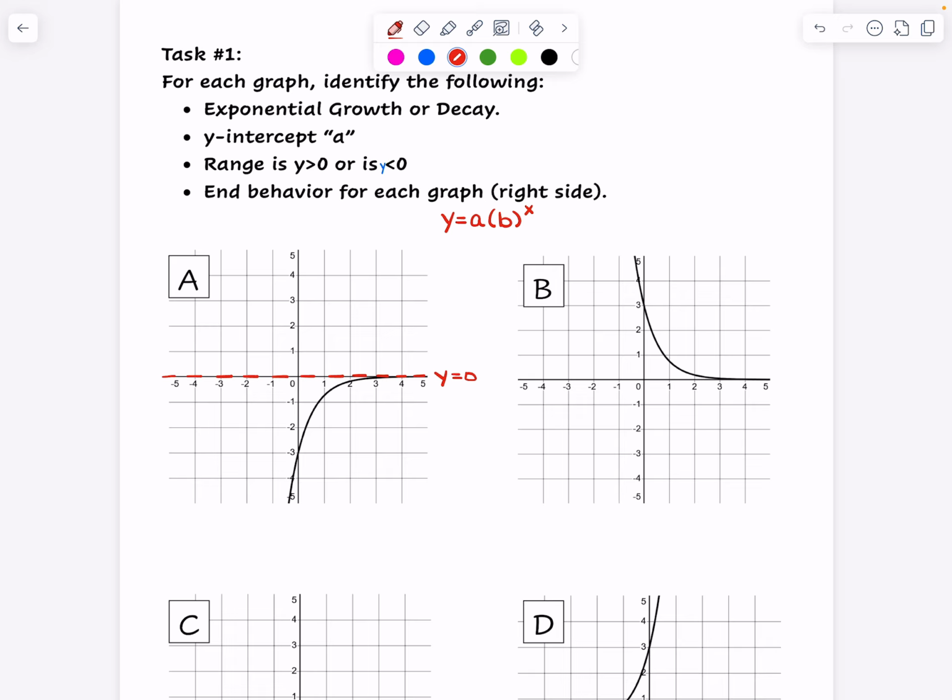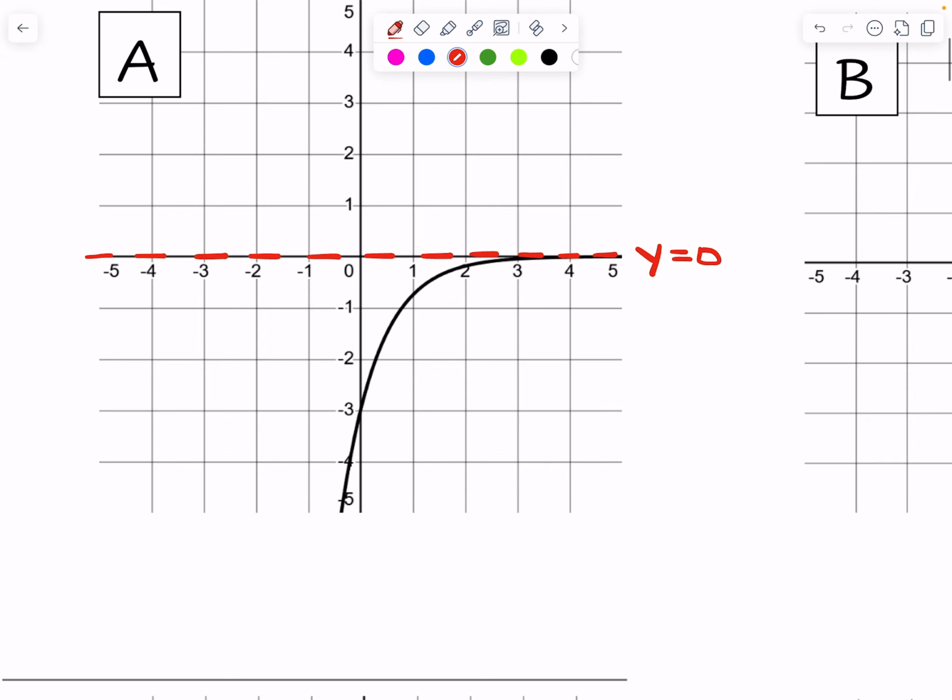Now on graph A, I've gone ahead and drawn a dashed line right on the x-axis. The reason for that is because the x-axis is where y equals 0. Whenever we look at one of our exponential graphs, we're looking at it from left to right, and we're trying to see if it's getting closer to where y equals 0 or further away from that point.